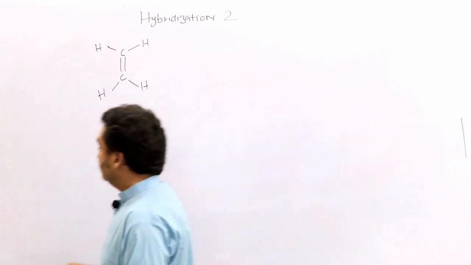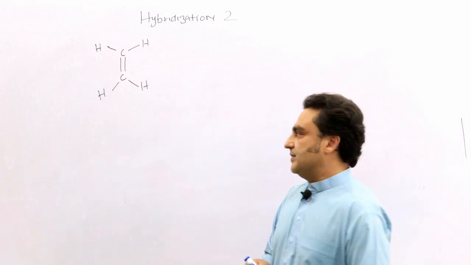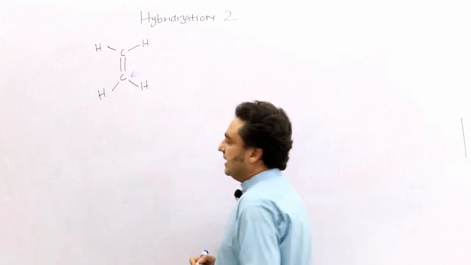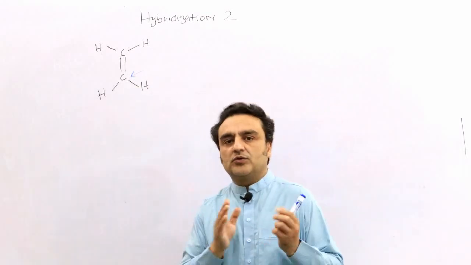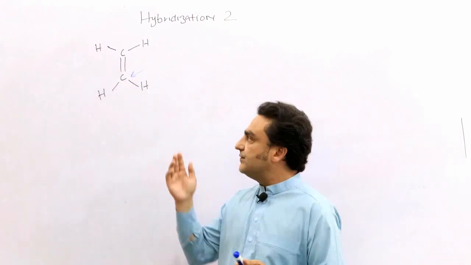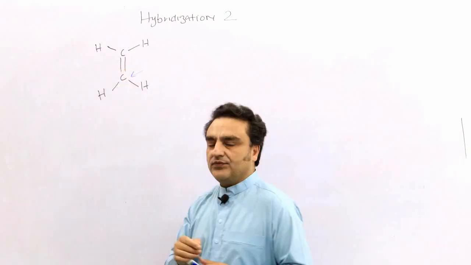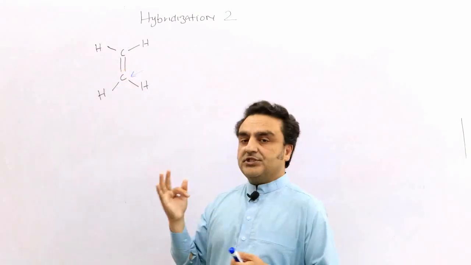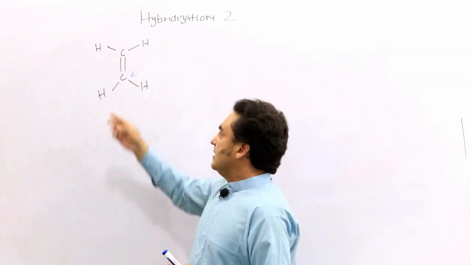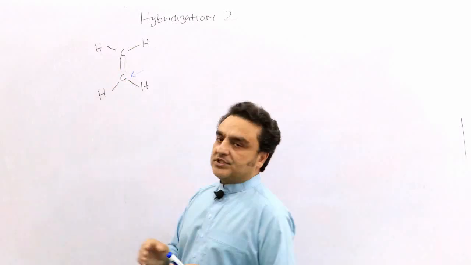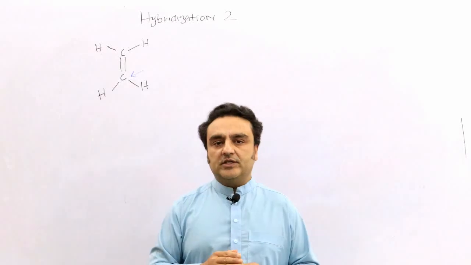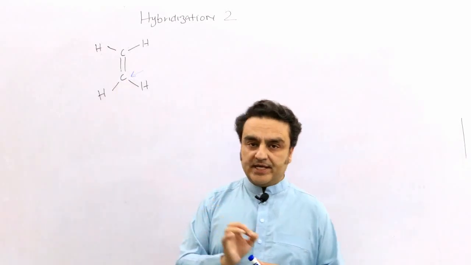So let's see. It's one of the simplest molecules. As you see, this carbon is sp2 hybridized, because the carbon forms 4 bonds here. There are 3 single bonds and 1 double bond this carbon is forming. Just because of this double bond, we can say by looking at the molecule that this carbon is sp2 hybridized.